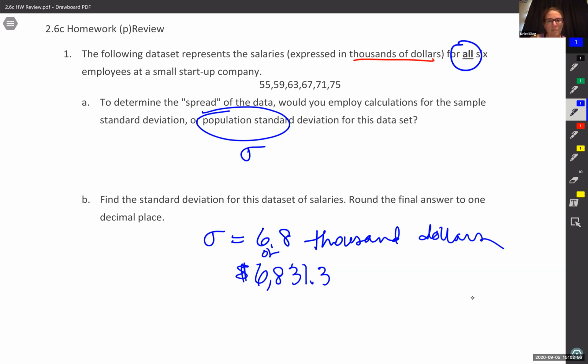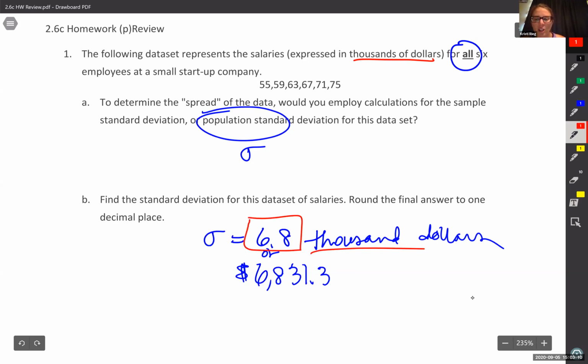So I took sigma from my calculator, multiplied it by 1,000, and rounded it to one decimal place. Sometimes you just kind of have to see how the computer is prompting you, because if there's just a box and then it says $1,000 after that box, well then 6.8 is the answer they're looking for.